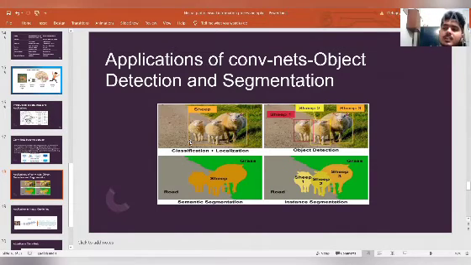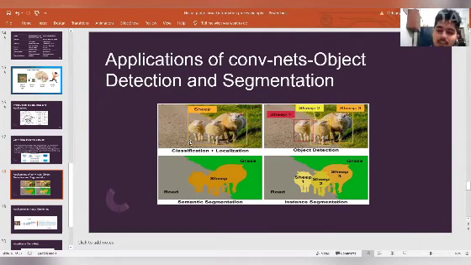In object detection, we mainly provide a bounding box on one of the objects, let's say a sheep, where we give the x and y coordinates of the upper left corner and the lower right corner. In object detection, we transform this into a multi-object classification plus localization problem, where we can detect several objects present in the picture.